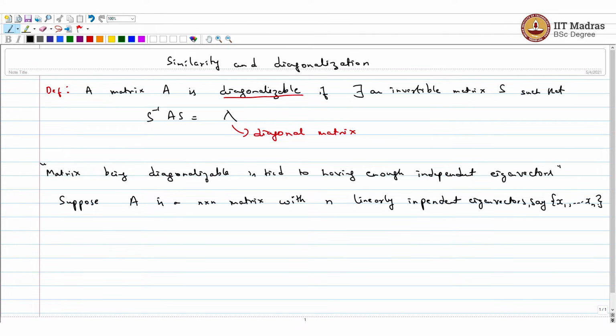This is the set of eigenvectors. Then A is diagonalizable. Why? For diagonalizability, what do we need to show? We need to manufacture a matrix S which should be invertible, and S inverse AS is a diagonal matrix. So, how do we do that?